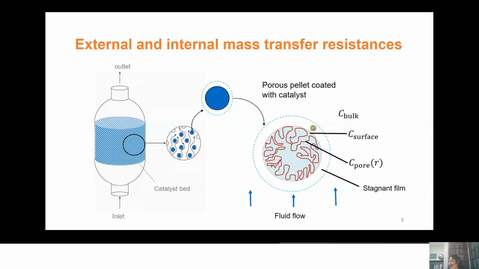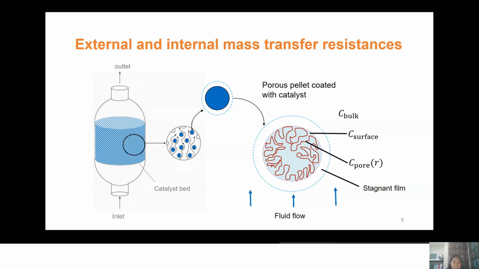Okay, so we are here now. Your reactant has traveled from the bulk to the surface. Once it has reached the surface, your reactant needs to diffuse inside the pores of the catalyst pellet through the pore channels. You have pore channels here, and that is known as internal diffusion, or internal mass transfer.